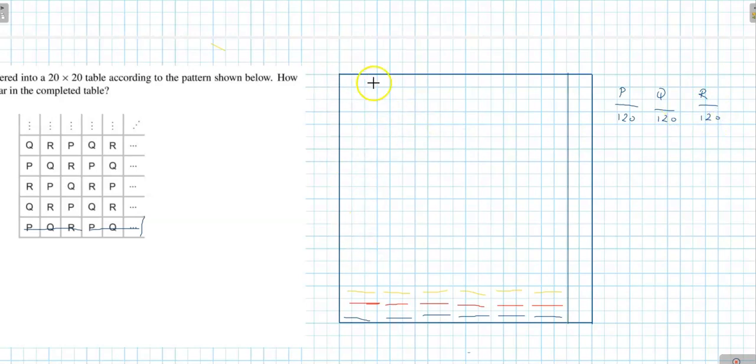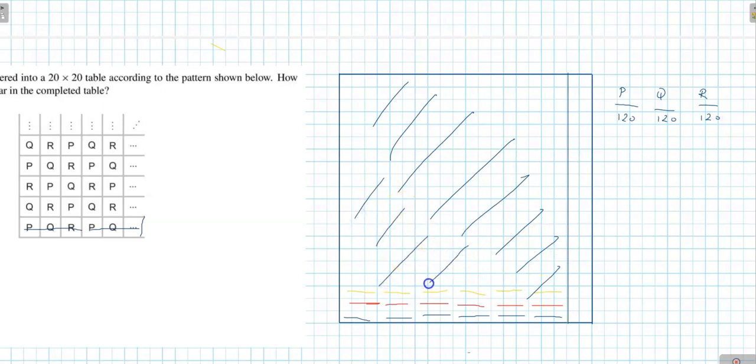So we are done with all this space. The remaining part: how many P's, how many Q's, and how many R's do we have here?